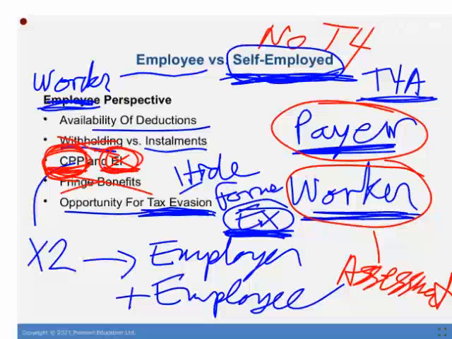So it becomes very important always, as the advisor, to try to give as much good advice up front so that our clients understand how this all works, how the determination of employee versus self-employed is done, to make sure that they aren't paying employees as self-employed, because it's always going to go down a bad road for them.